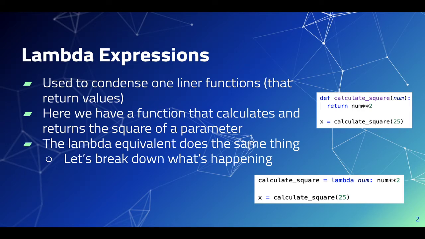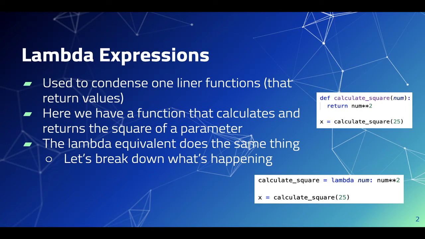And then we say num squared. So this is an implied return statement. Given this lambda function, it would imply the num squared to be returned from this lambda function. So we actually cannot say return num squared. That's not proper syntax when dealing with lambda functions. So we just say num squared after the colon.